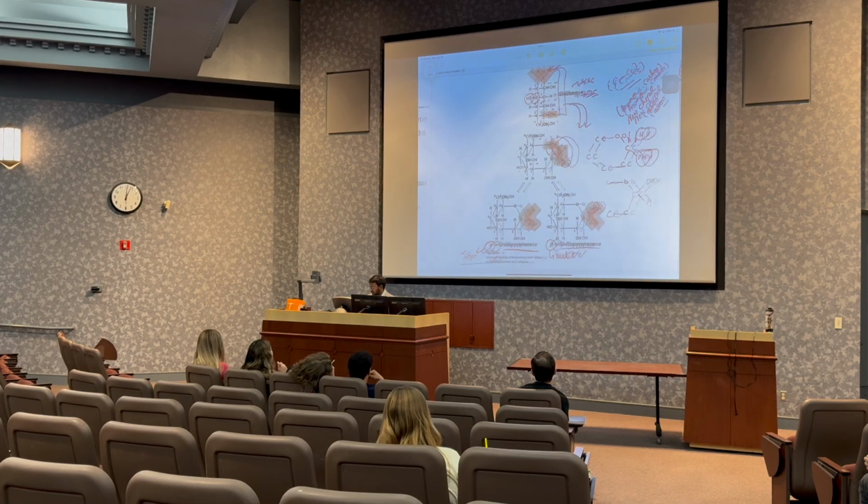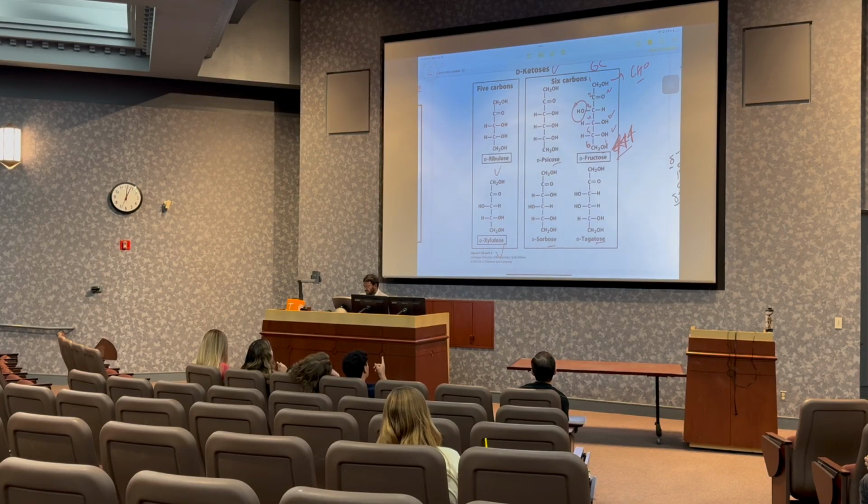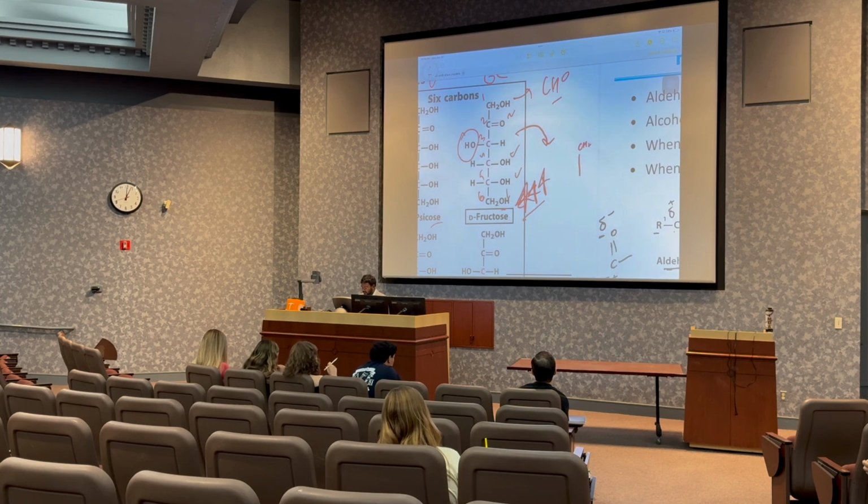Okay, let's go see the structure of fructose. So drop this structure like this. You will be able to find CH2OH over here. And you have oxygen, carbon, carbon, carbon, carbon, and this is again CH2OH.